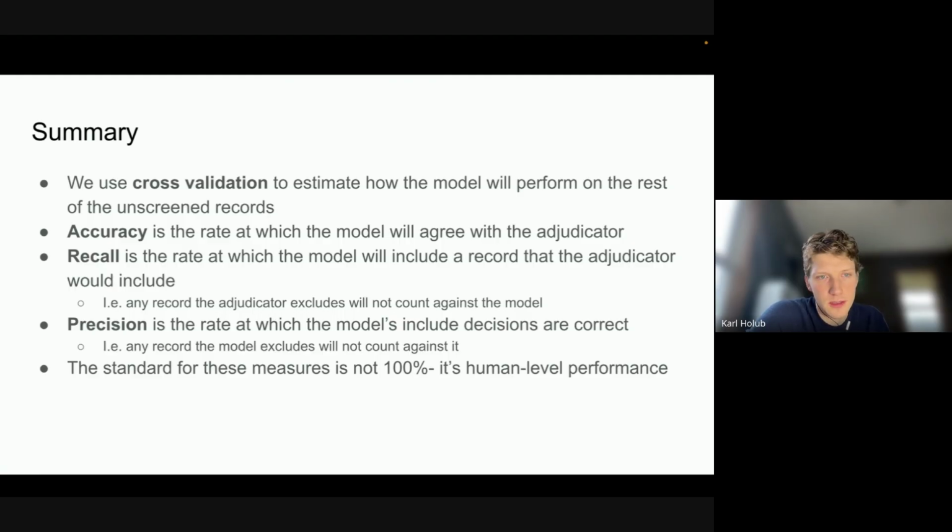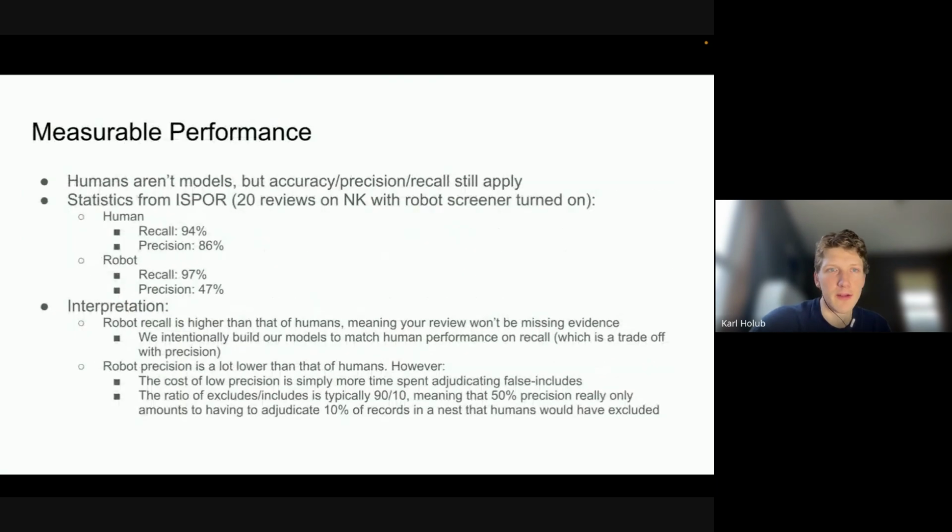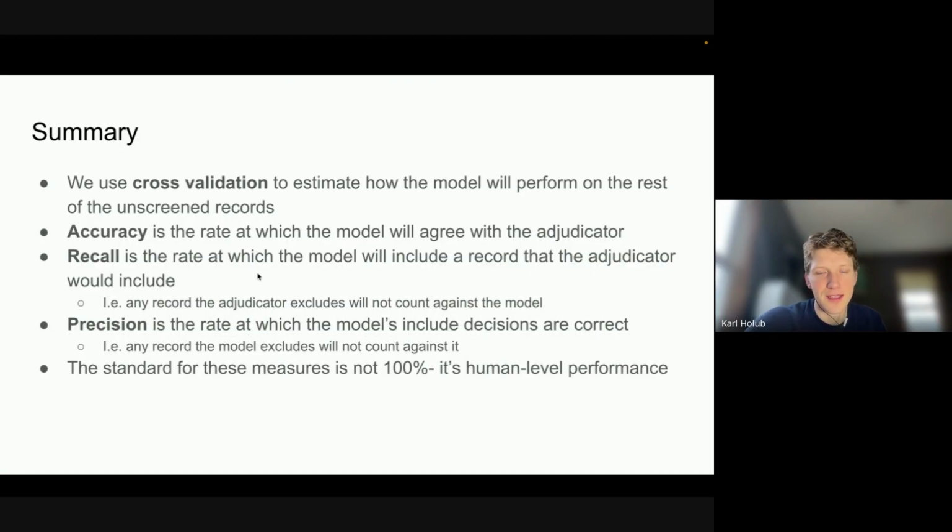What we would encourage users to evaluate these measures against is not perfection, but rather matching human-level performance in recall, which is somewhere in the 90 to 95% range, and to think about precision in terms of how it's saving me time. It's unlikely that you're going to hit human-level precision, but higher precision at an acceptable recall is always better. That's a user judgment of how much time they're willing to save versus spending time giving the model data to learn from.